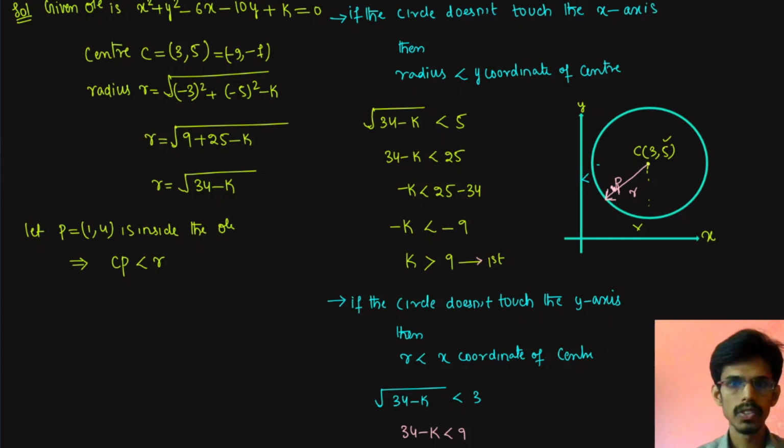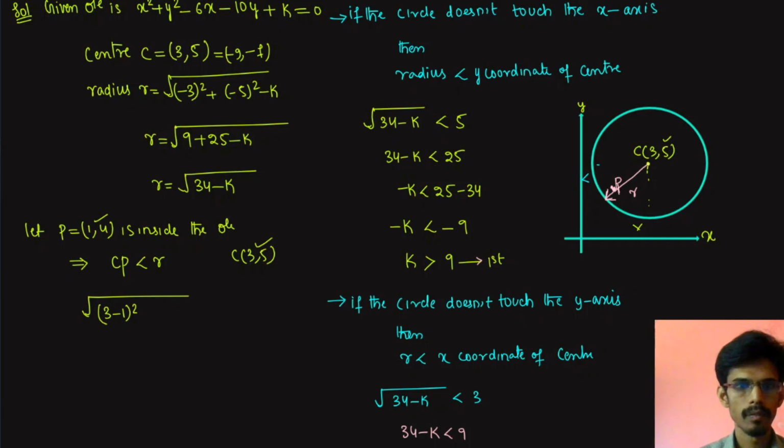Here C is (3, 5), and this is P. Now the distance will be under root of (3 minus 1) square plus (5 minus 4) square, which should be less than the radius, root over 34 minus k. Here this root and this root will get cancelled. 3 minus 1 is 2, 2 square will be 4, plus 5 minus 4 is 1, 1 square will be 1 only, less than 34 minus k.